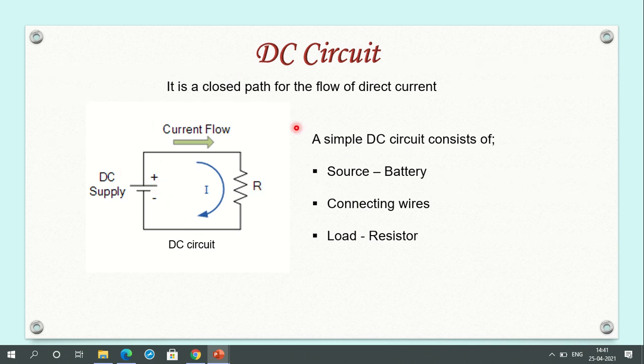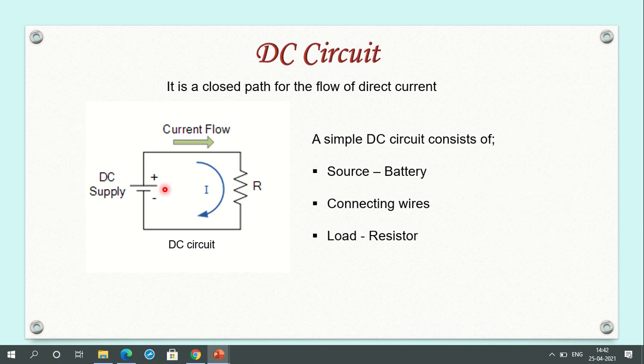The essential components of a simple DC circuit are: there should be a source, there should be connecting wires, and a load. Source is nothing but that part of the circuit that supplies the power. There should be something to supply the power, and that part is known as the source.